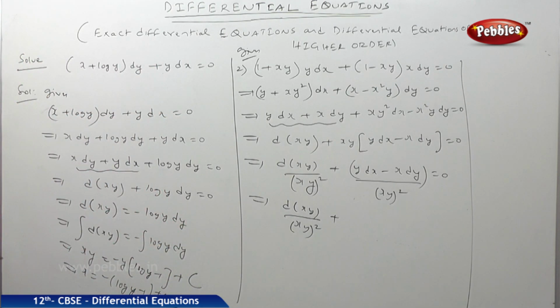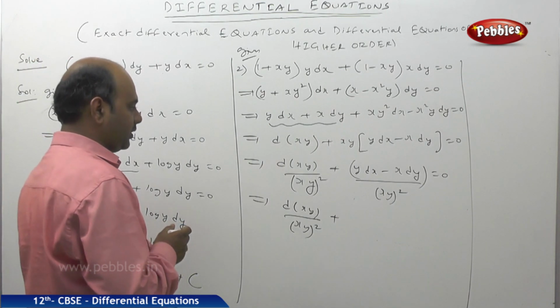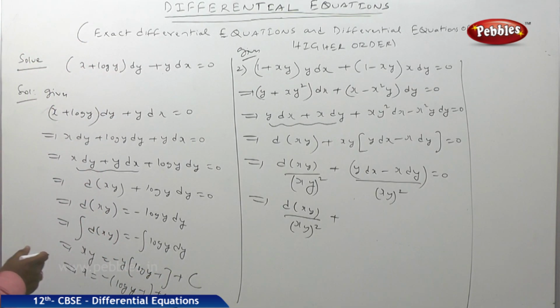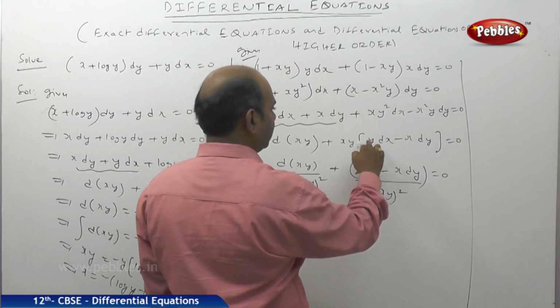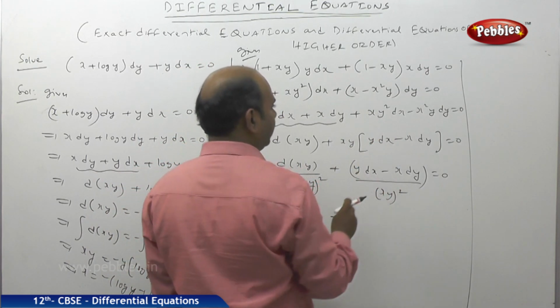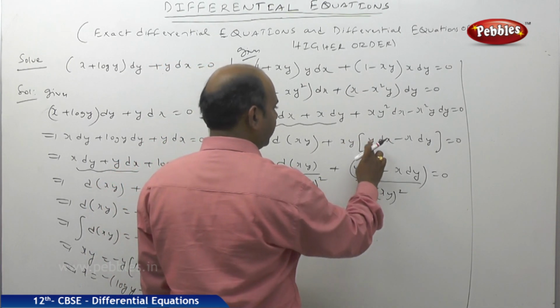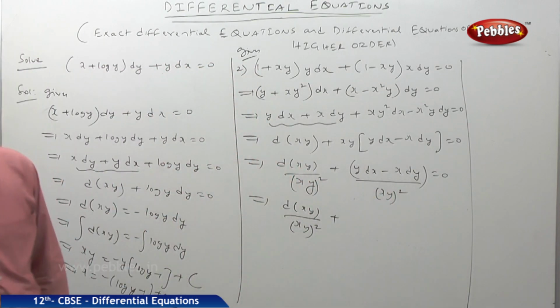Observe carefully, or else something we can do. If I take xy common, there remains y dx minus x dy, right?